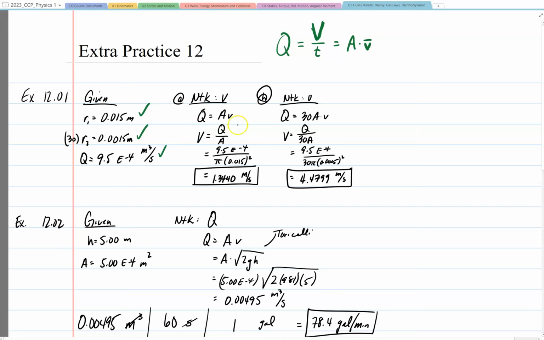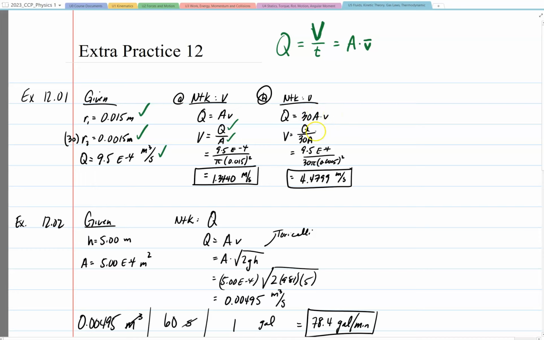I'm also going to assume that this hose is circular. So when we take the flow rate Q and divide it by the cross-sectional area, which is a circle, and sub in the numbers, all of our units should work out nicely to leave us with 1.34 meters per second of flow. In part B, same thing, except this time our flow rate must be equal to 30 of these spouts with a cross-sectional area times velocity.